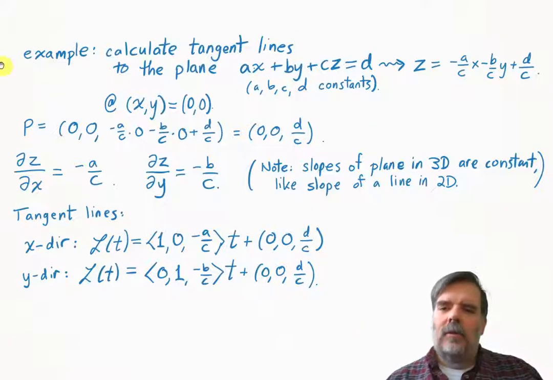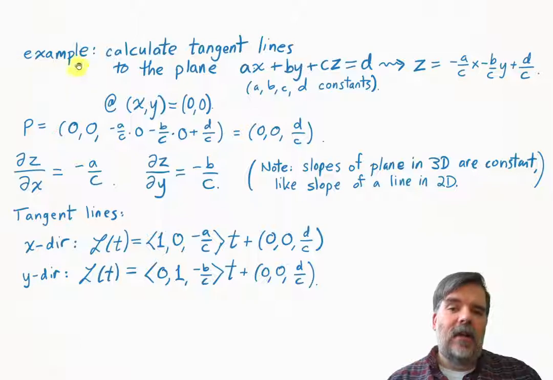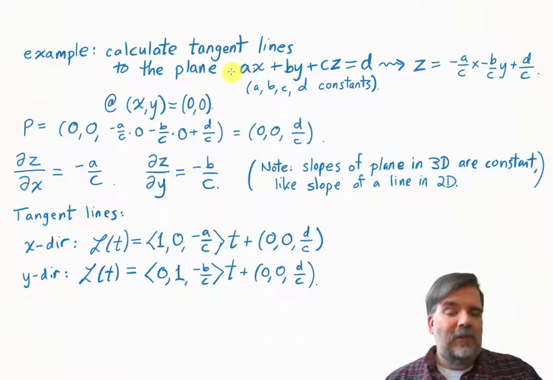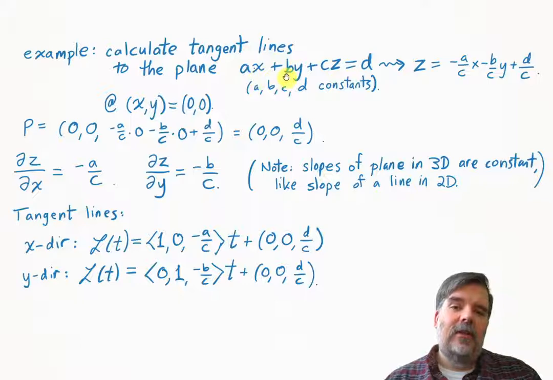Let's do one more. Let's calculate the tangent lines to a plane, just in general. A plane is a flat surface, so some of the calculations are a little bit easier. And here, let's assume we have the general equation of a plane to start. So that's ax plus by plus cz equals d, where a, b, c, and d are constants.